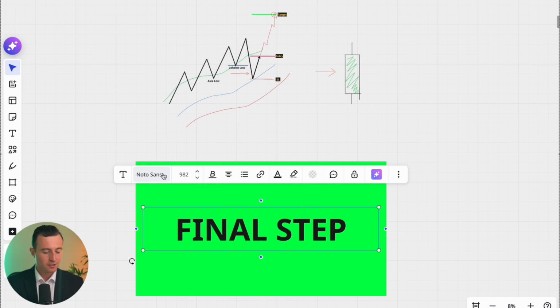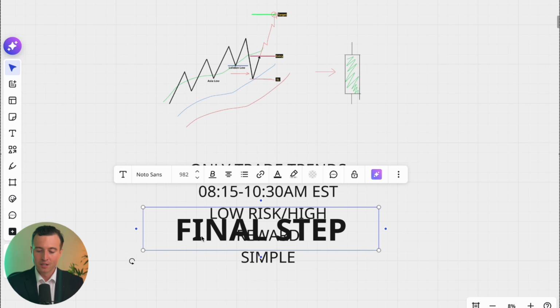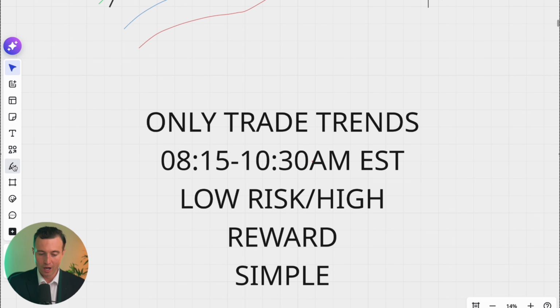Then this leads me on to the final step. And the final step is ensuring that you are only taking trades during trending market conditions. So that is when the EMAs are in order. So you have either a bullish market, a bearish market, or you have a no bias market.